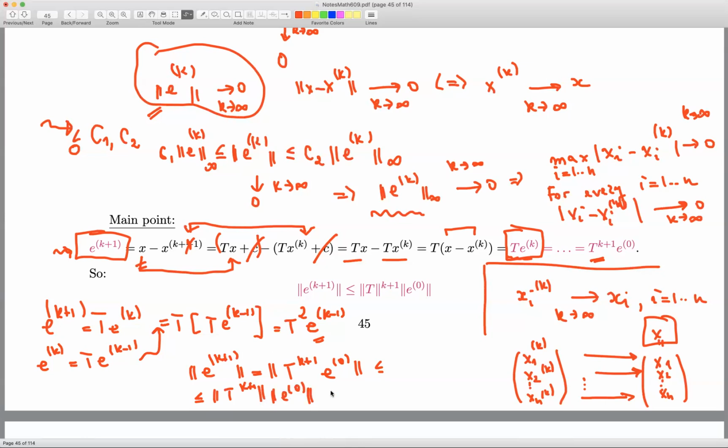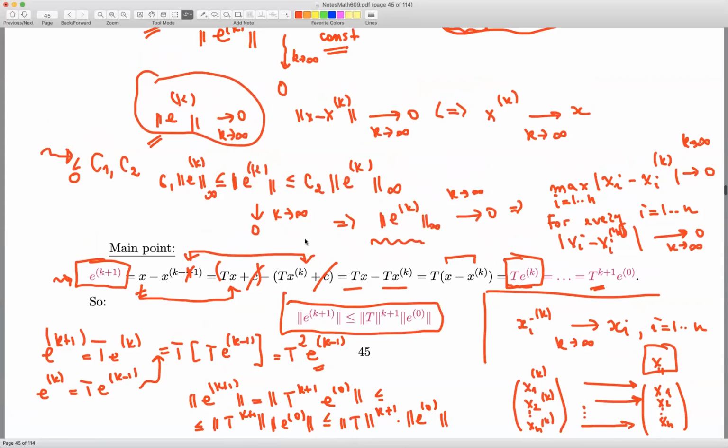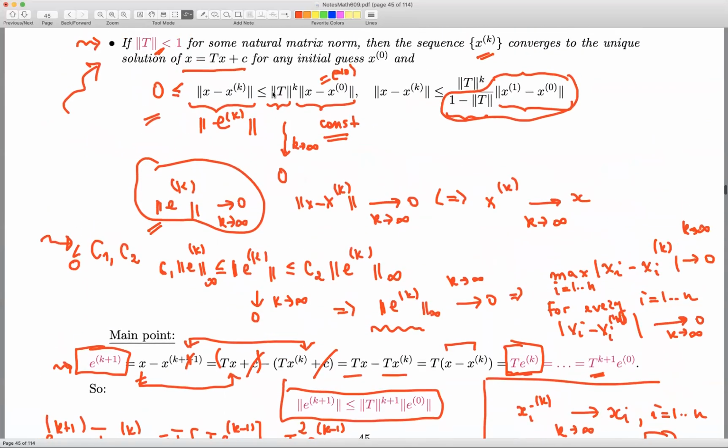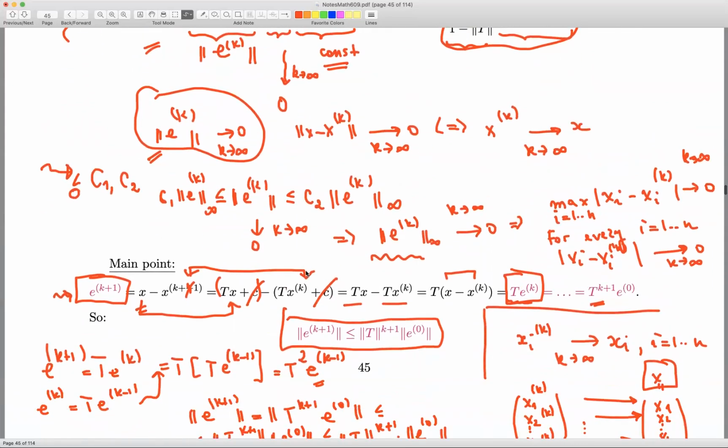And then we discussed in our previous lecture that the norm of the matrix T to power k plus 1 is less than or equal to the norm of the matrix T raised to power k plus 1, times the norm of the vector e_0, which is exactly the inequality that we have right here, but written for step k, not for step k plus 1.